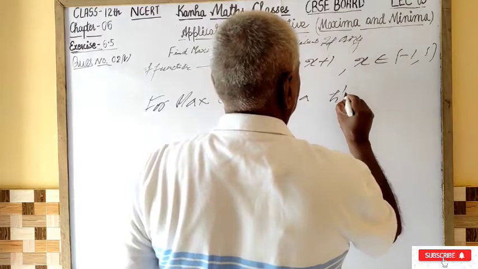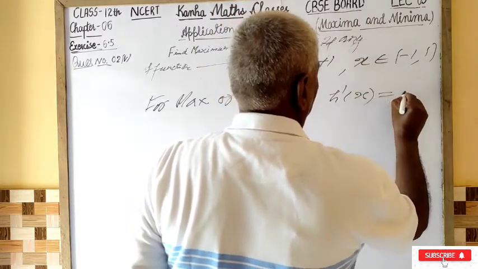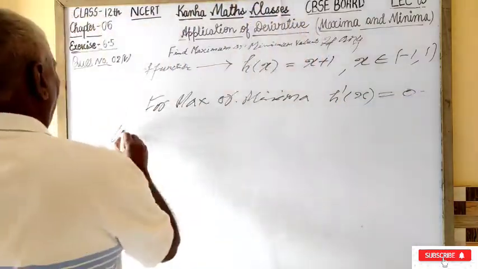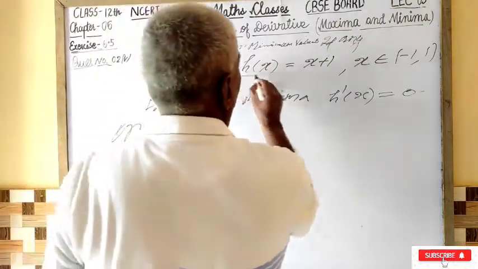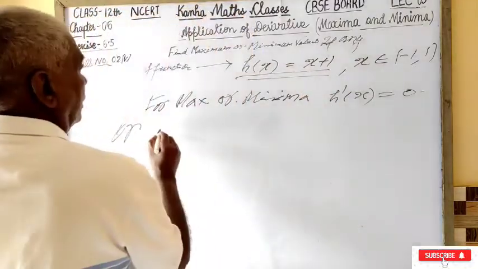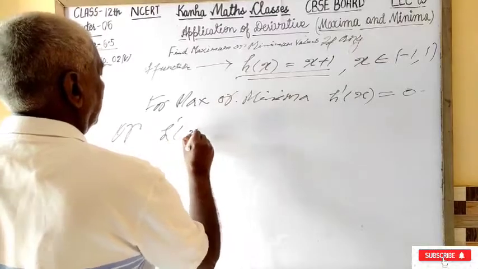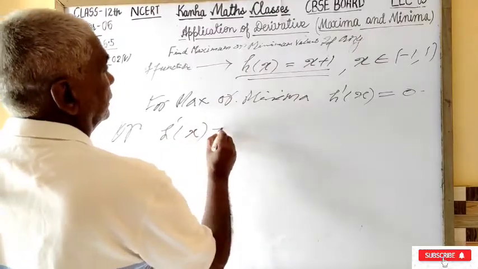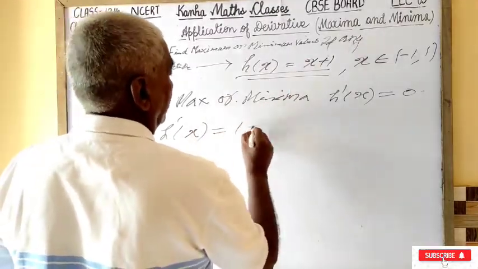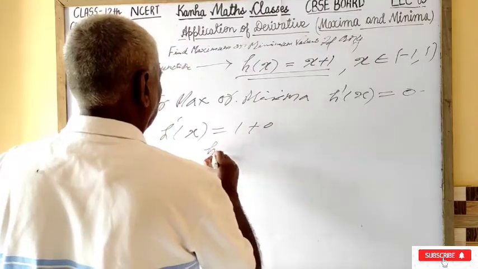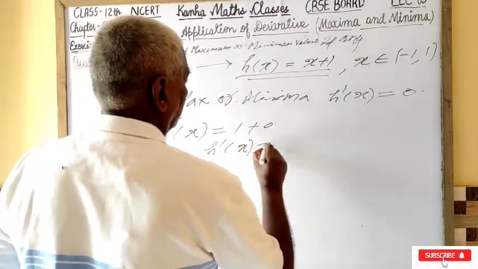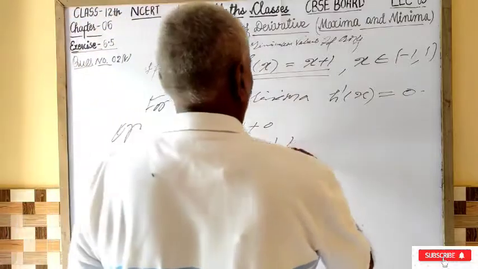So h dash x is equal to 1 plus 0, or h dash x is equal to 1, which is not 0.